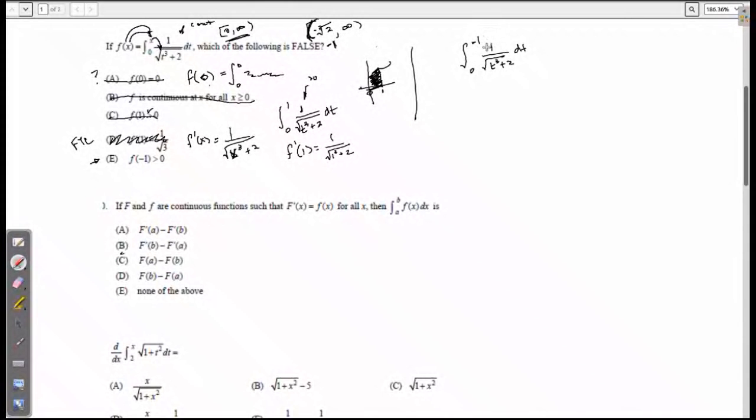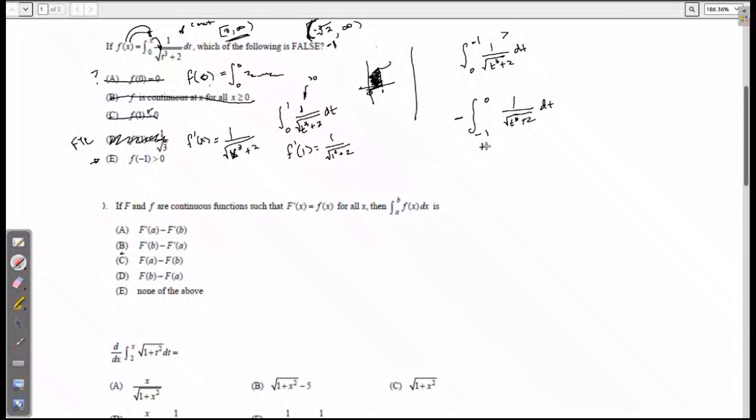So this is a good point, and this is going to give me a positive function, except these limits are in the wrong order. And so in order to reverse those limits, make it an integral from negative 1 to 0 of 1 over root t cubed plus 2 dt, I have to take this negative sign out front.